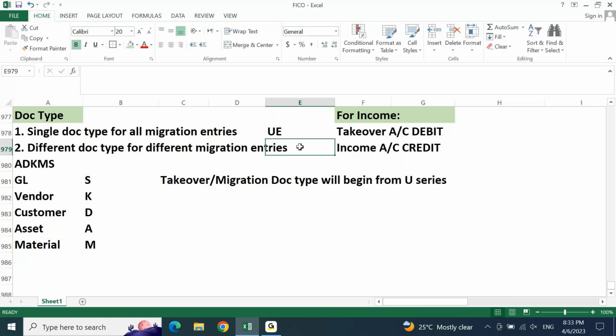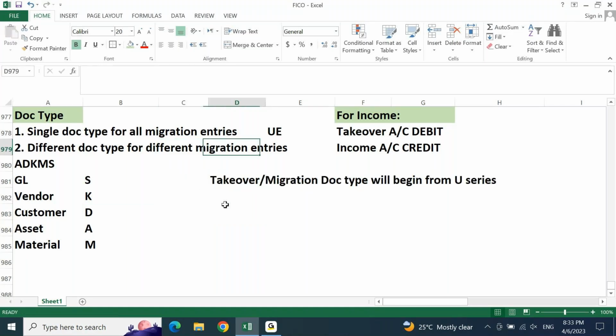Now, if I want different document types for migration entries, for GL documents or GL account balances, the first digit will be U followed by S: US. For vendor, UK. For customer, UD.